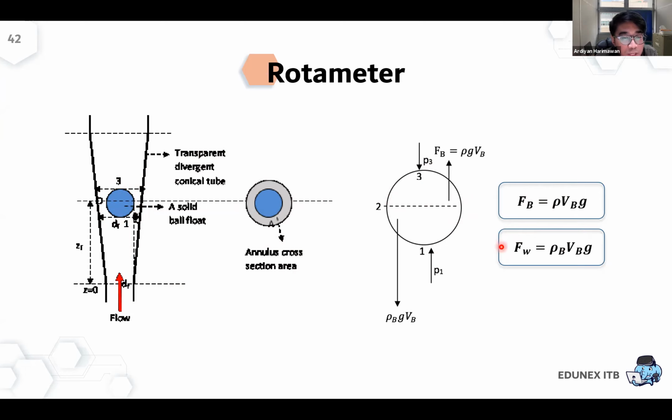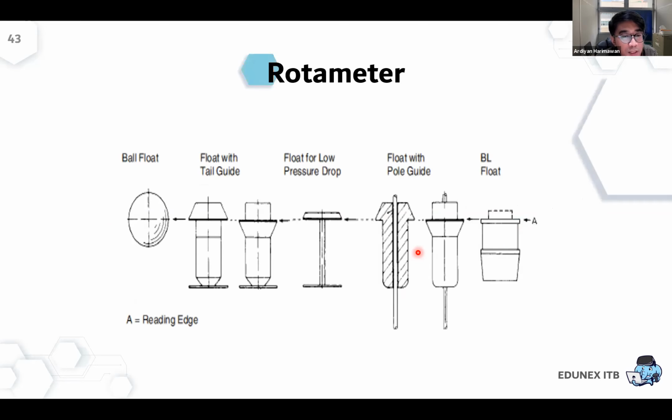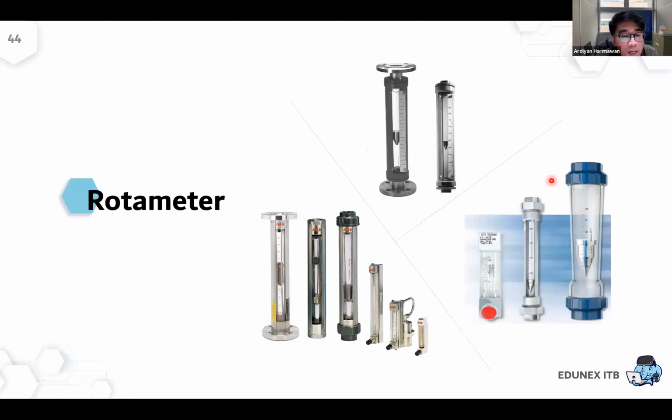And in buoyancy, you will have the density, right? The density is the density of the ball and the density of the fluid. So last time, that's why we have to pay attention if we want to calibrate these rotameters.